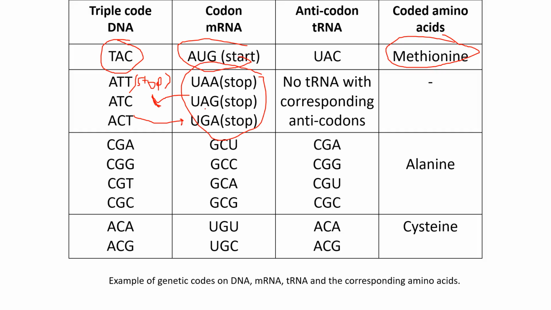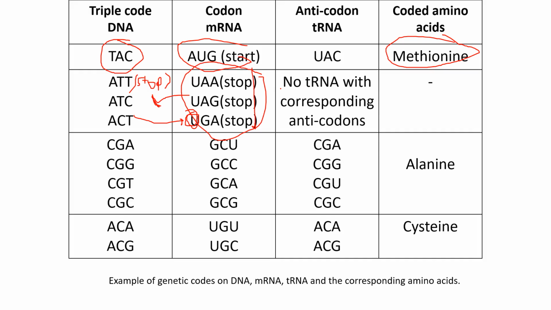Remember, in RNA, there is no thymine. Thymine is replaced with uracil. Okay, now, these stop codons, like what I mentioned earlier, there is no tRNA that corresponds with stop codons.